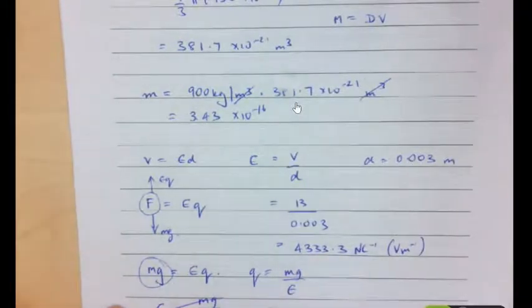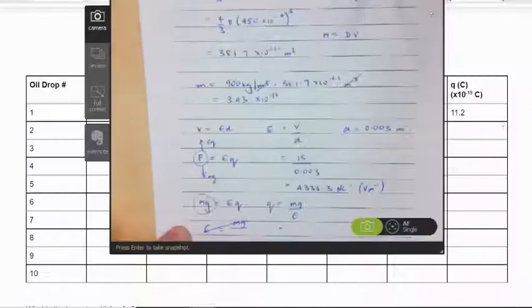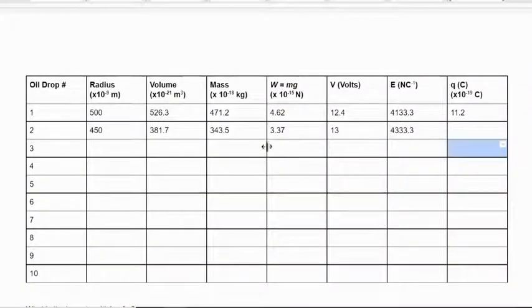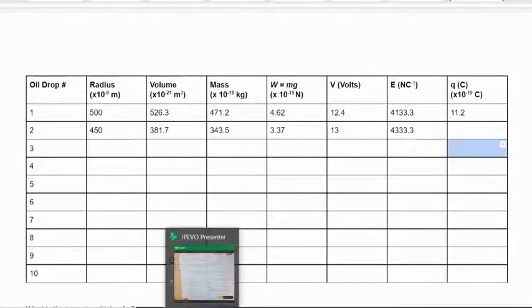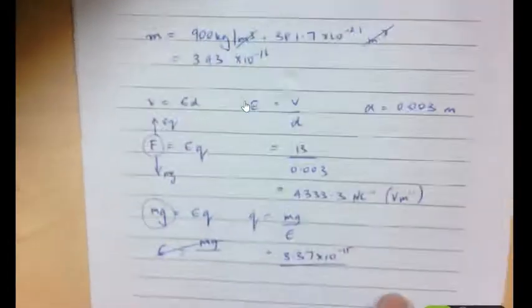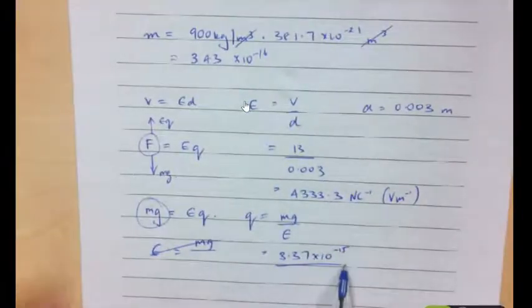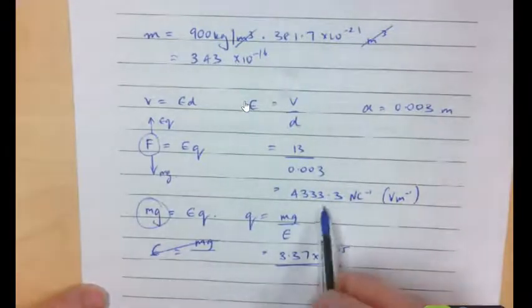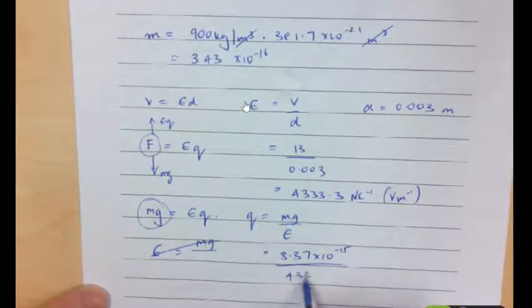Now the weight force was 3.37 by 10 to the minus 15, divided by the electric field, which we just worked out as 4333.3.